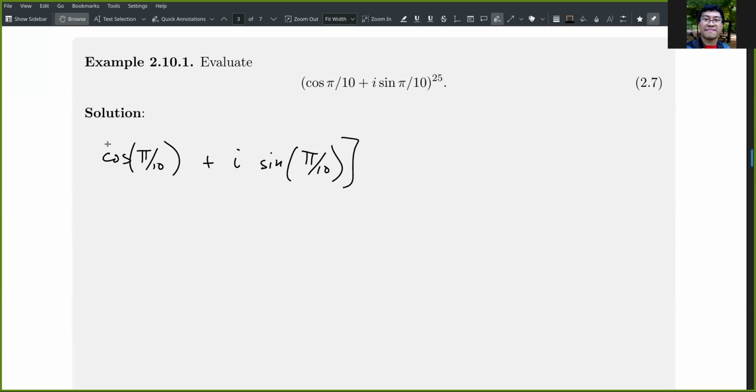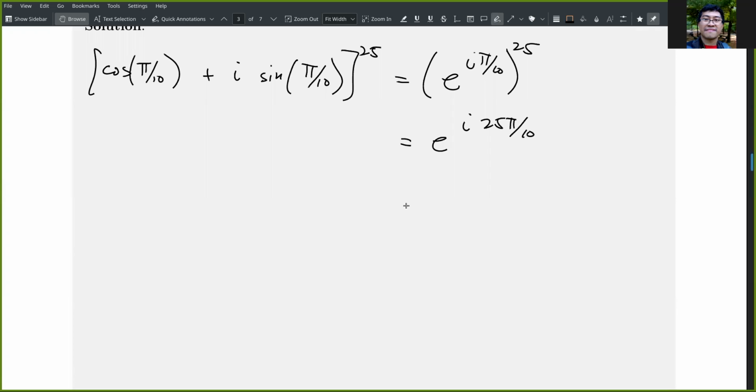This inside the bracket can be written as (e^(i pi over 10)) to the power of 25, or e^(i 25 pi divided by 10).